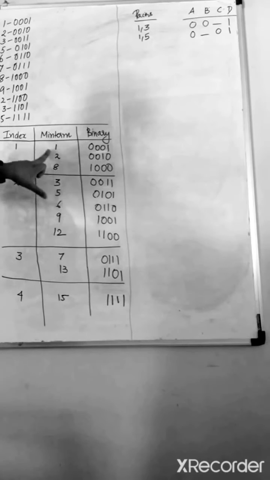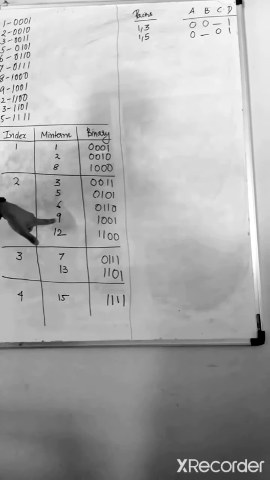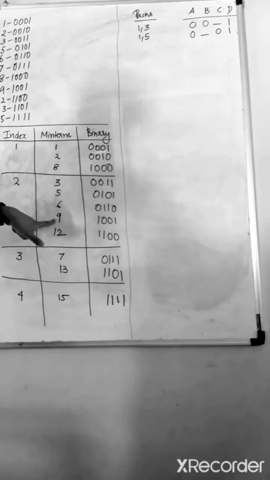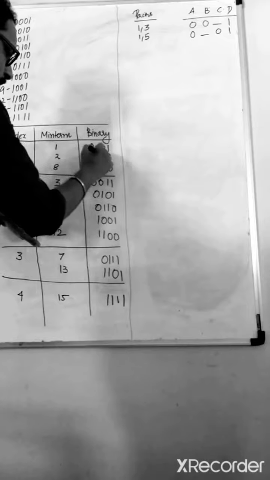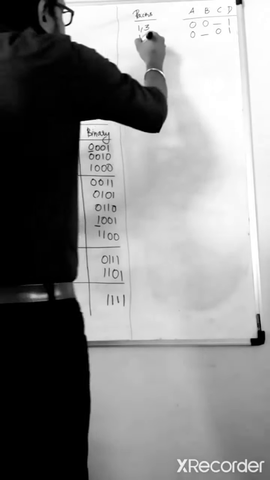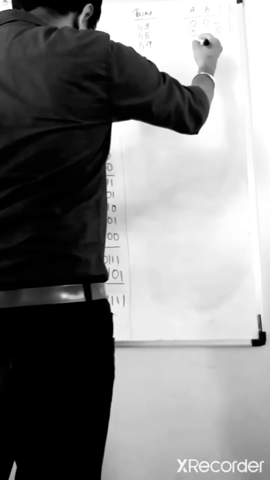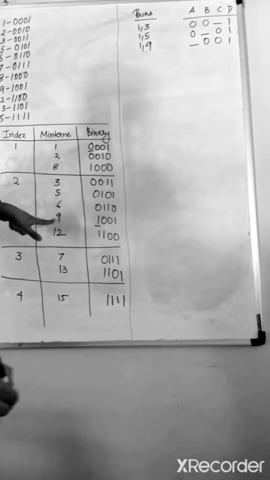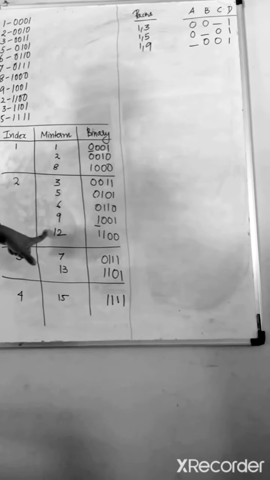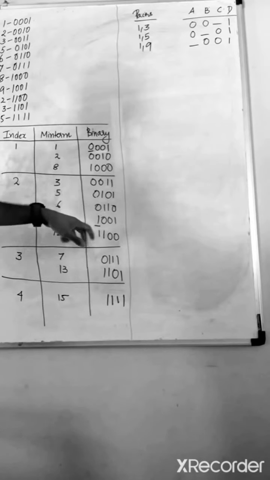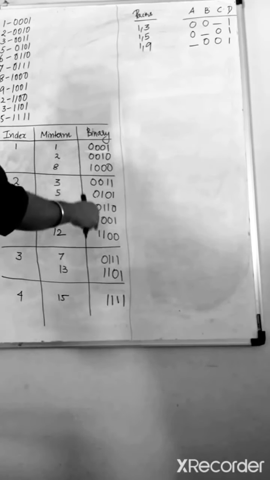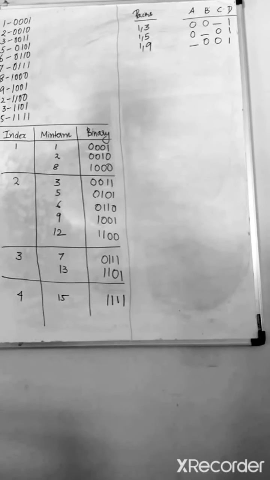We go for 1 and 9. 0 0 0 1 and 1 0 0 1. Change in the first bit only. So we write 1, 9 as dash 0 0 1. And 1 compared with 12 is a different case, that is changes in more than one bit, so that is cancelled.